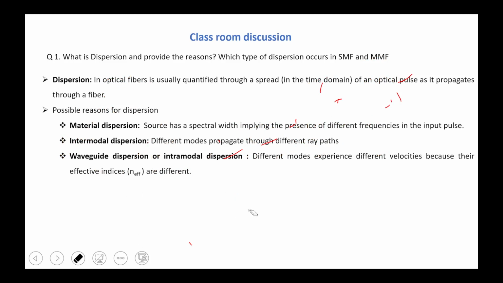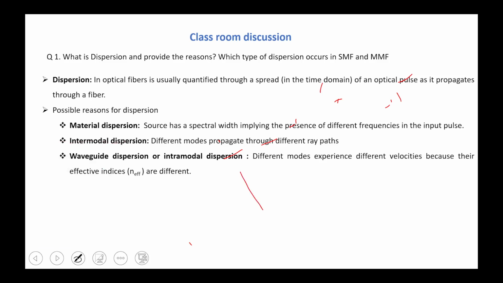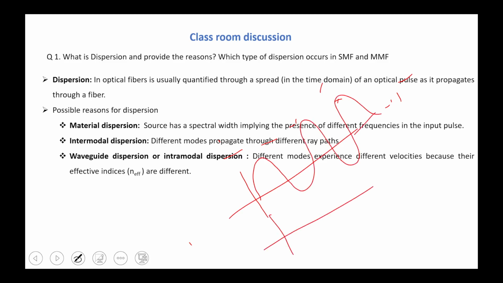So dispersion in optical fiber is usually described as a spread in the time domain. Whatever wavelength the laser travels at, that light will spread in the time domain by delta t. Whatever the time t, it will spread to t plus delta t. So some spreading will happen in the optical fiber.